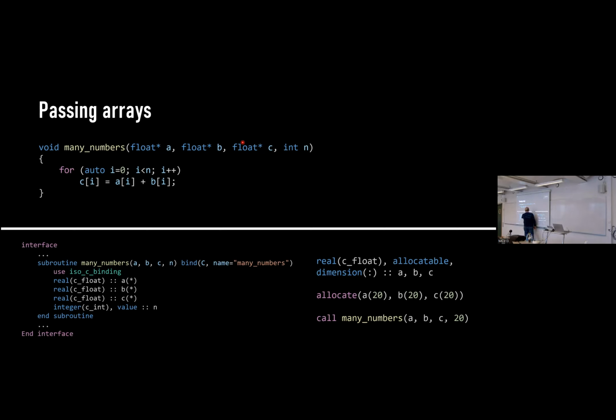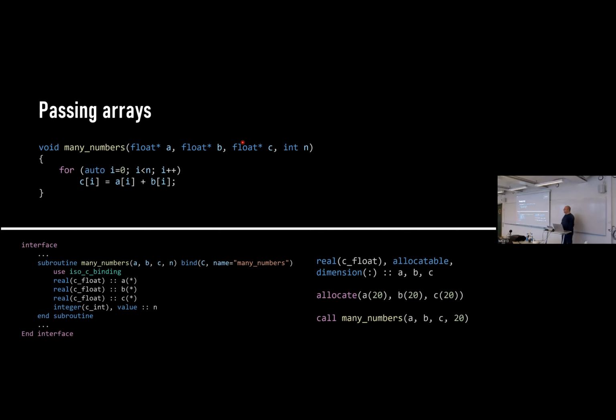And then I have A, B, C, N, and I have just C float A star arrays, and I pass the N by value. Then in Fortran, I declare it like this, just like normal, allocate, and call my arrays over here, pass the 20 over, and it works.